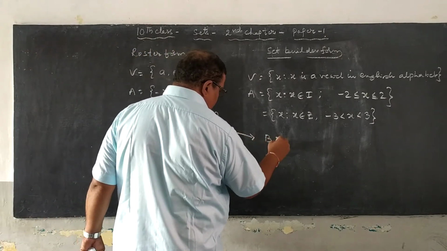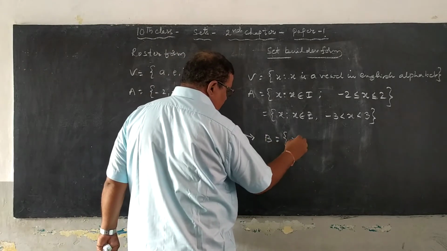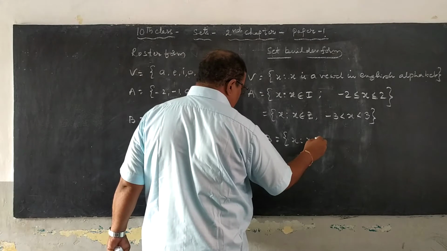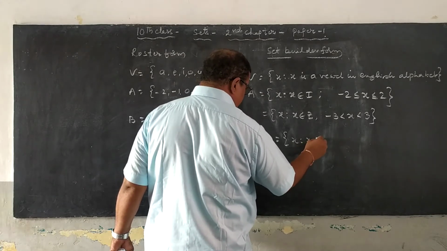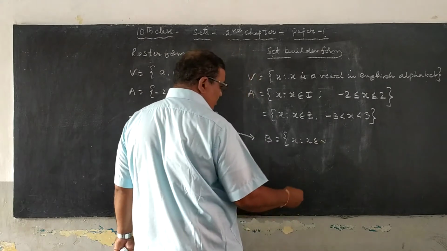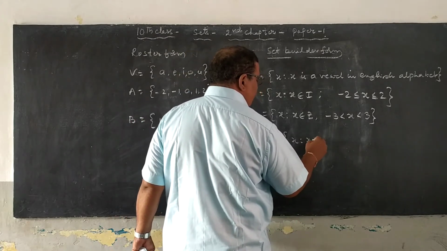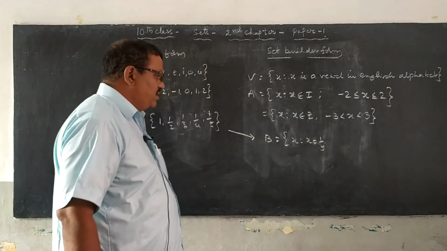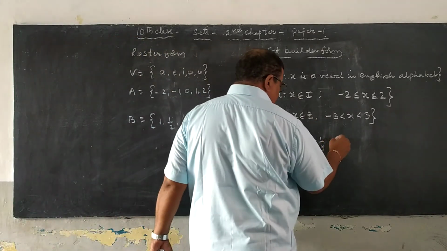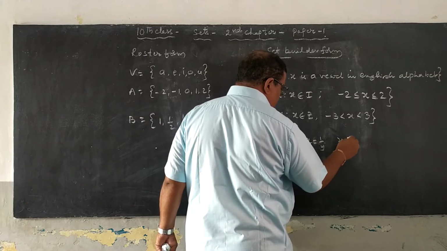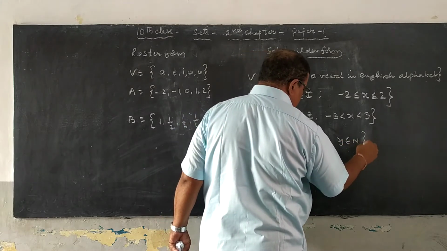B is equal to {X such that X belongs to N, X is equal to 1/N}. This we can also represent as X, Y: Y belongs to the set of natural numbers.